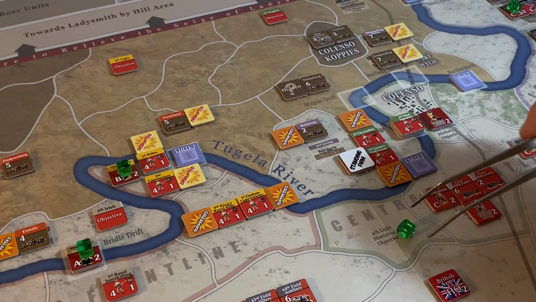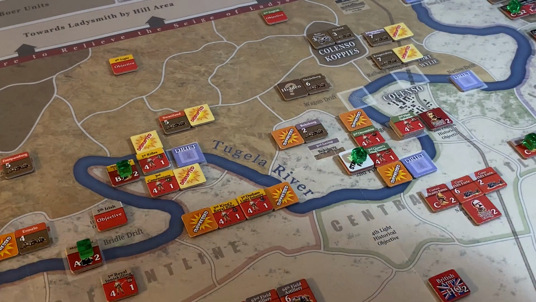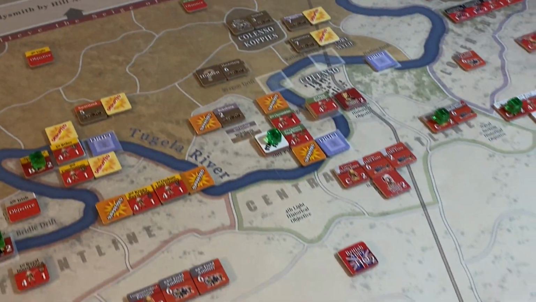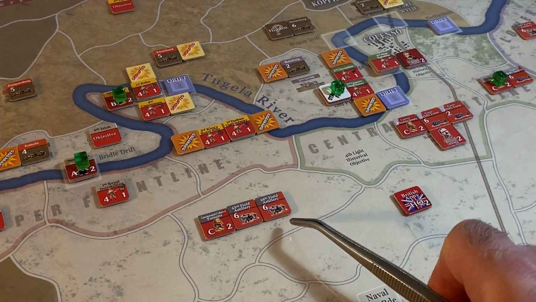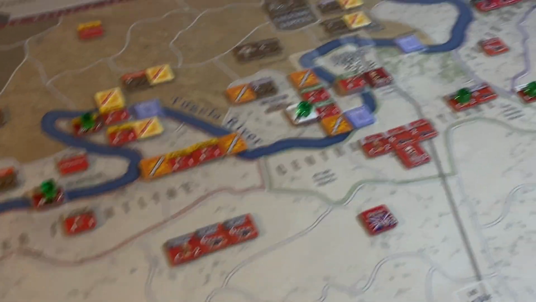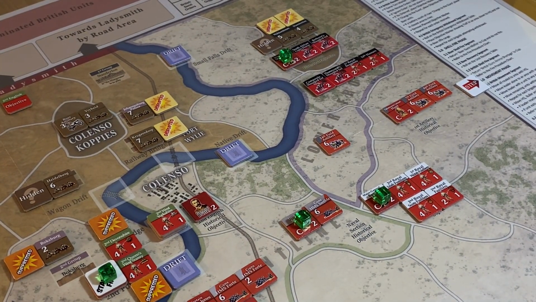Just swinging back there, I forgot to mark that because we have moved them. And I think that just leaves the 3 artillery brigades. That one, and this one with us. Well, here's the thing.